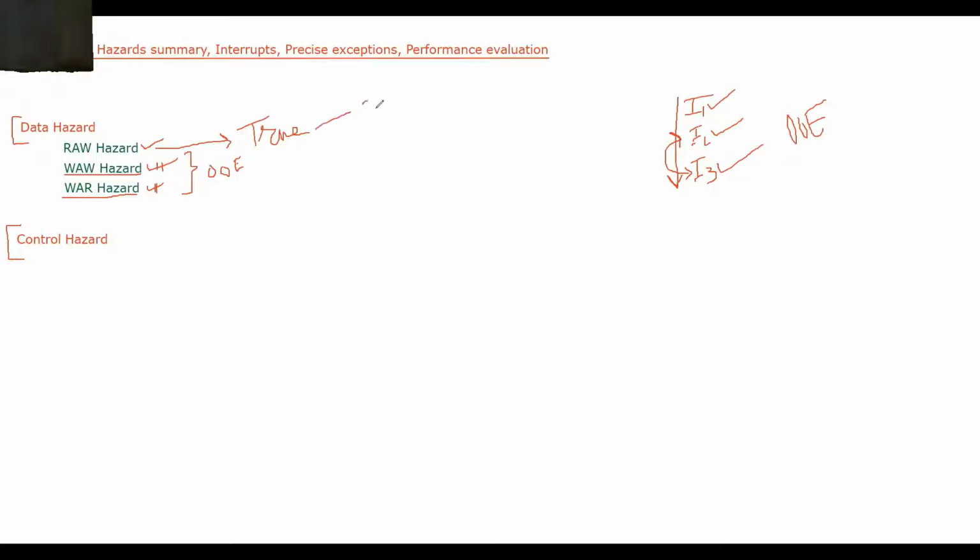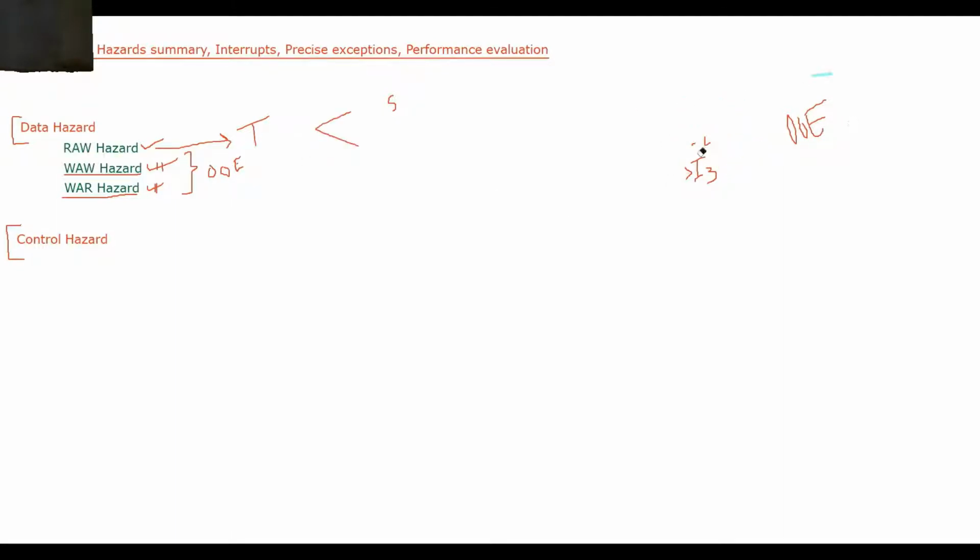One was a software solution, inserting instructions between two dependent instructions. The next one was a hardware solution, which was data forwarding.